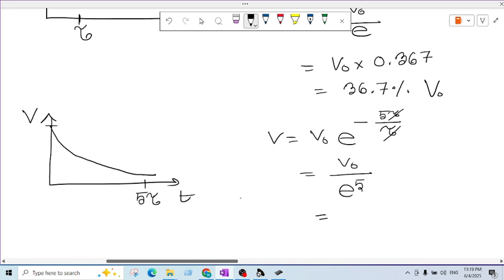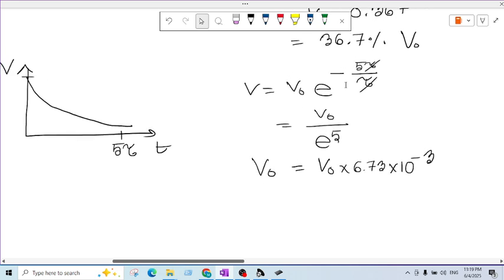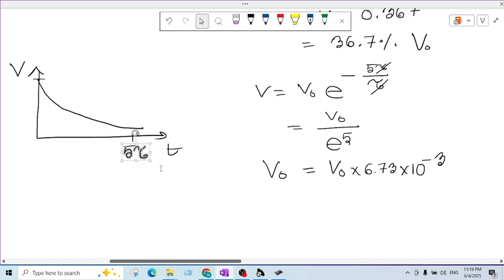Let's see. Yes, it's a very small number, 6.73 times 10 to the power minus 3. So by convention, when solving any circuit, we assume that when time is equal to 5 tau, the voltage or any function, maybe current or maybe voltage, becomes 0.